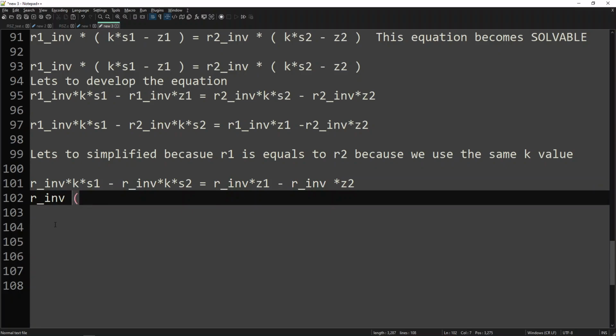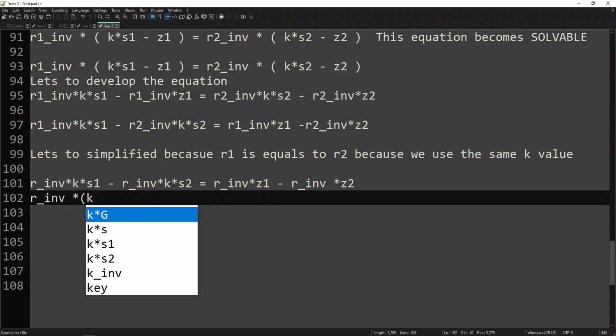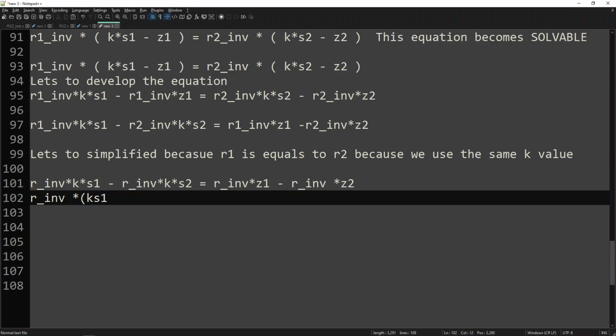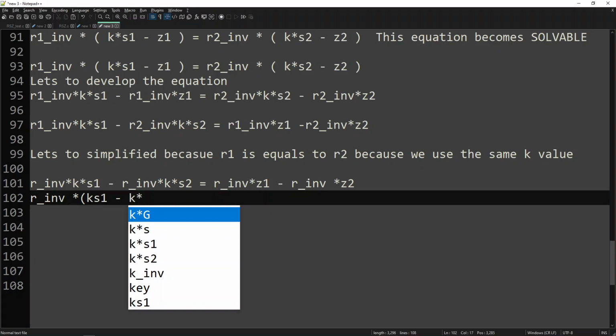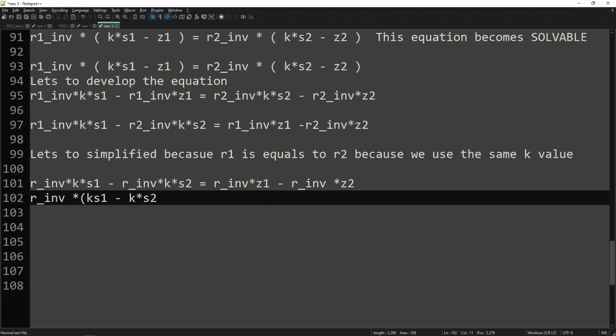R that multiplies k, S1 minus k multiplied by S2 also here, equals the same from this side, C1 minus C2, right?